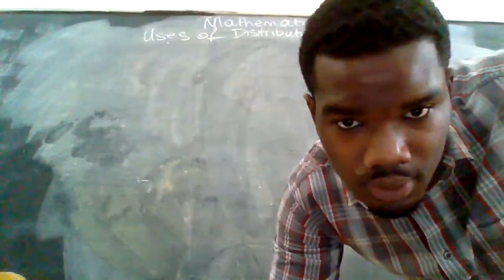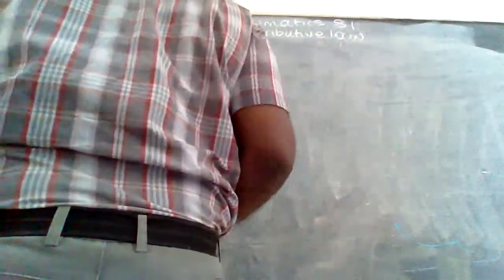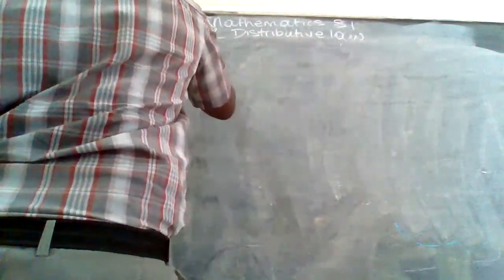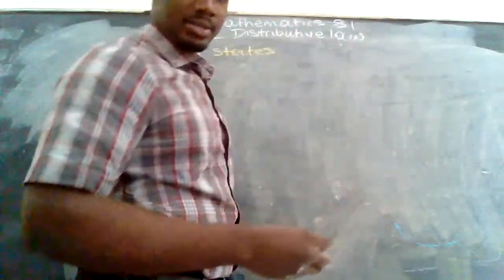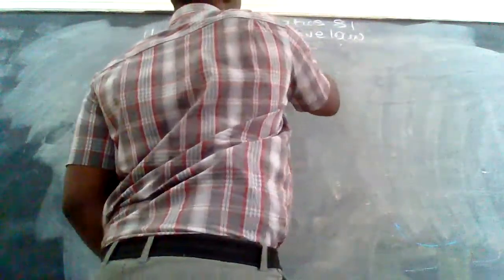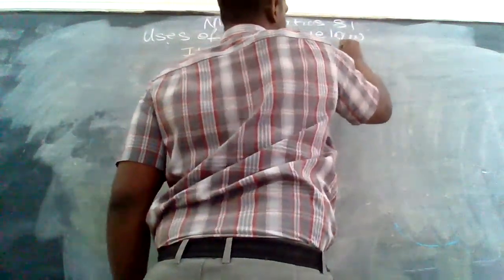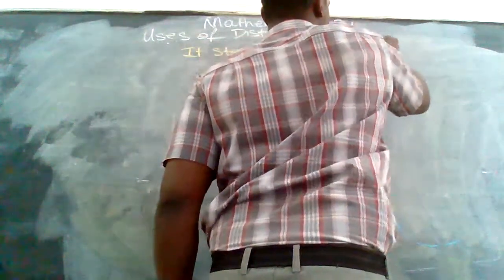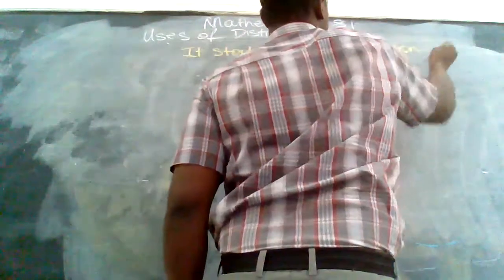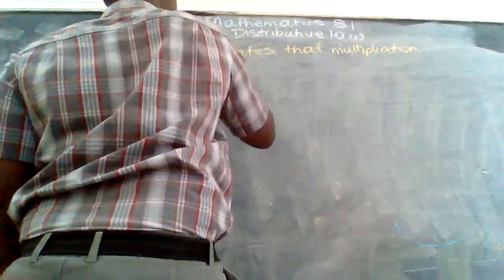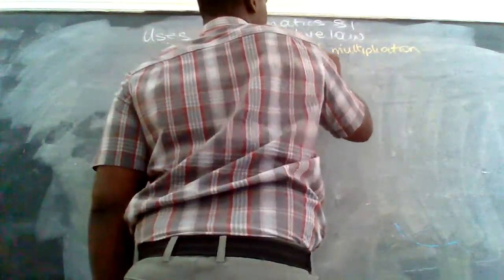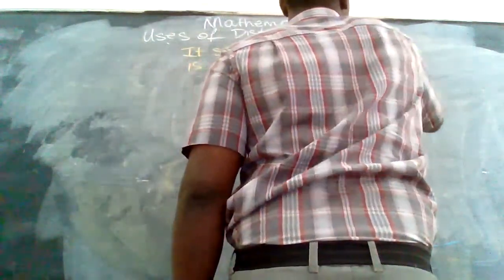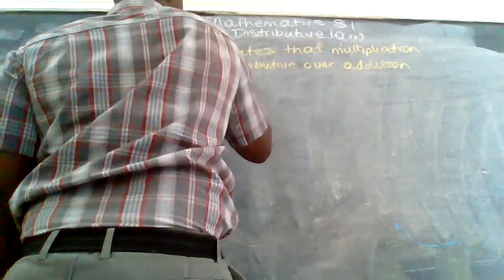The distributive law, it states that multiplication is distributive over addition and subtraction.